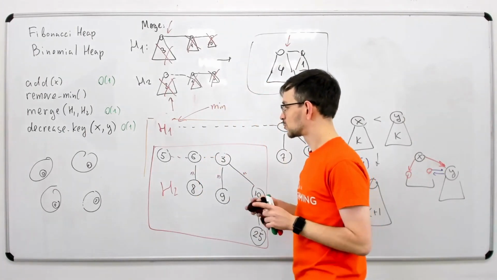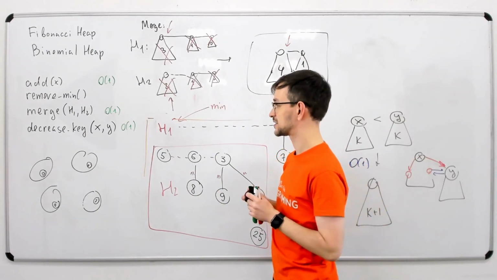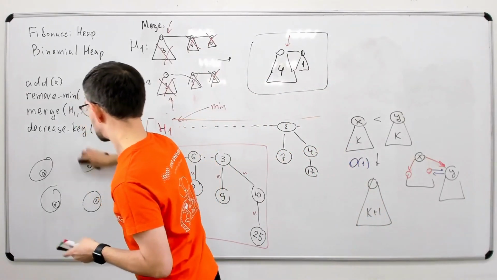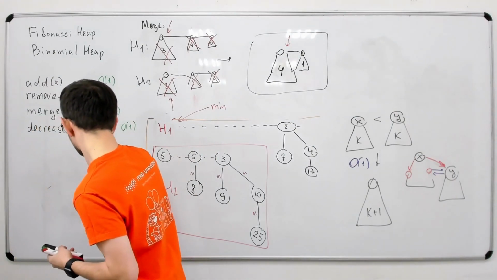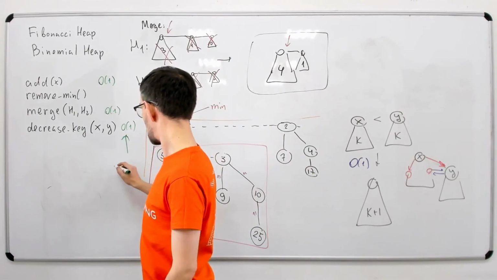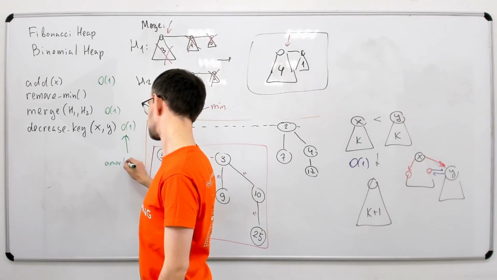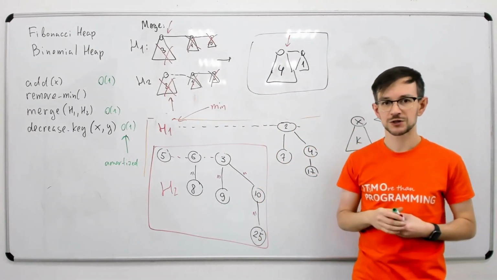Yeah, that's a good point. This complexity is not exactly constant. This complexity is amortized. All these complexities are amortized. We already discussed what the amortized cost is.